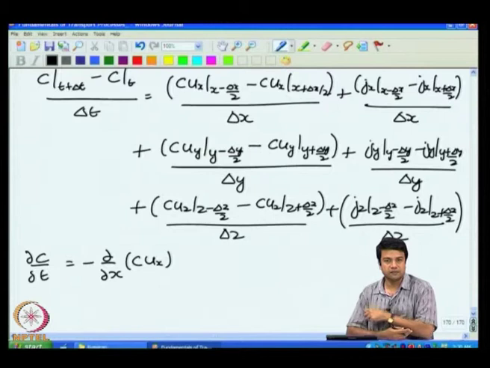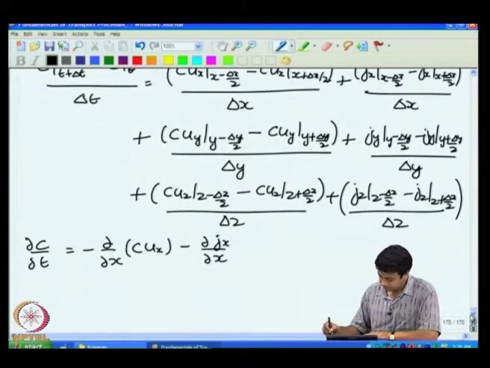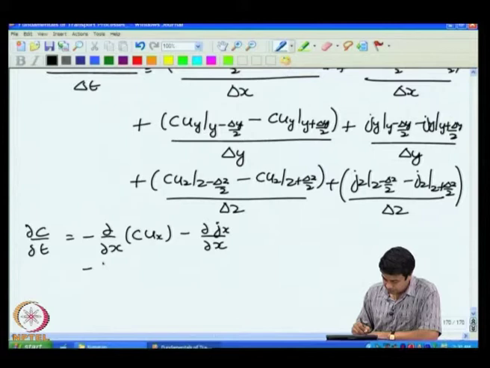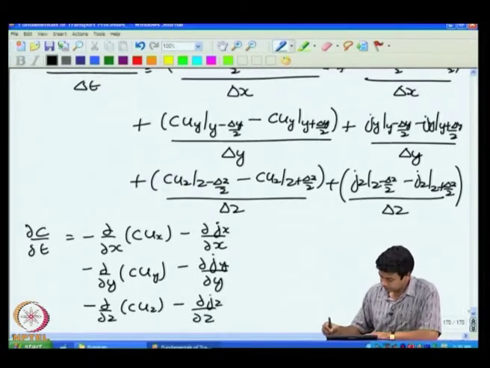So, this is the negative of that derivative, okay, minus partial j x by partial x, okay, minus d by dy of C u y minus partial j y by partial y minus d by dz of C u z minus partial j z by partial z.